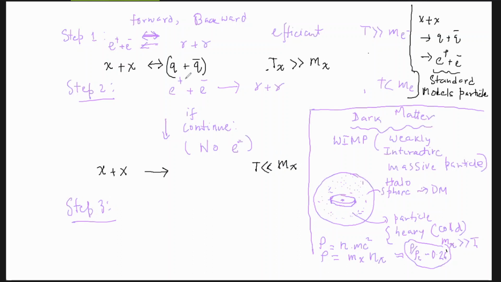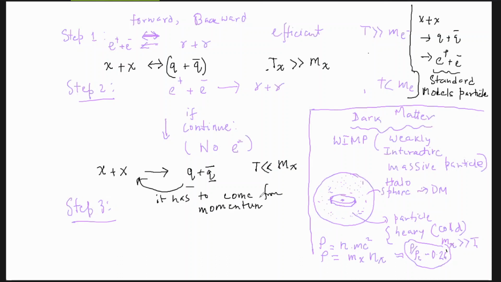The mass of a quark or electron or positron is very much less than the dark matter mass. So if Q plus Q bar has to produce two dark matter particles, it has to come from momentum.